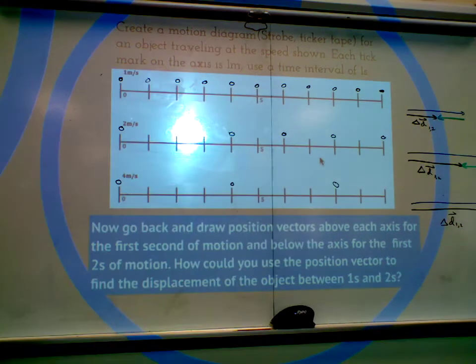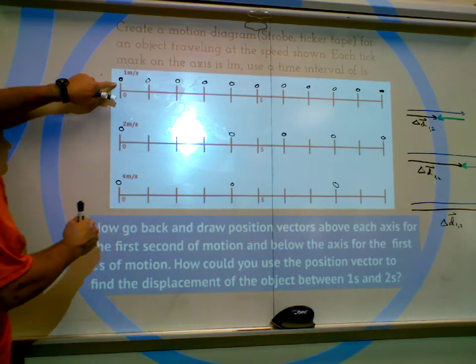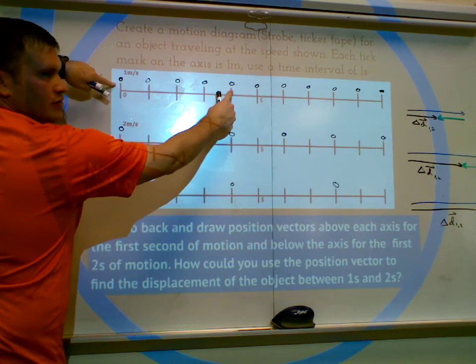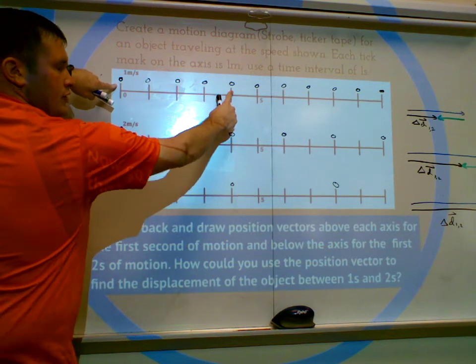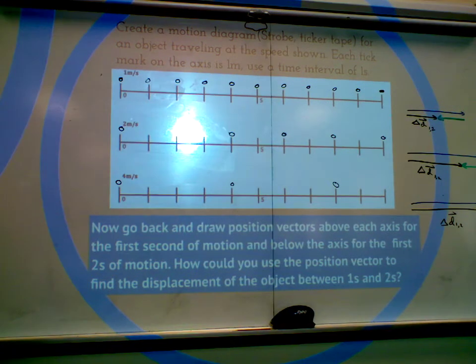Now we're back to every second, right? So, what's the time interval between here and here? 4 seconds. How do you know that? Because there's 4 dots, right? So the time interval is what? 4 seconds. Okay, it equals 4 seconds.